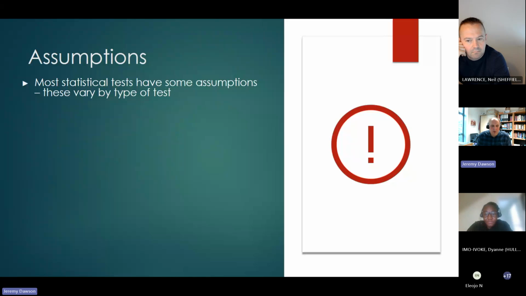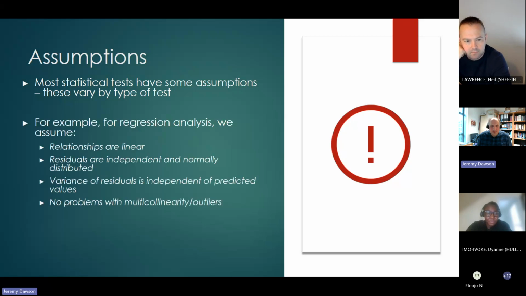And most statistical tests we use do have some assumptions about the data behind them. There are some which don't, and some which vary the assumptions. I'll come on to talk about those just at the end. But in terms of those that do have assumptions, here's an example for regression analysis. And I'll say a bit more about regression analysis in a couple of minutes.